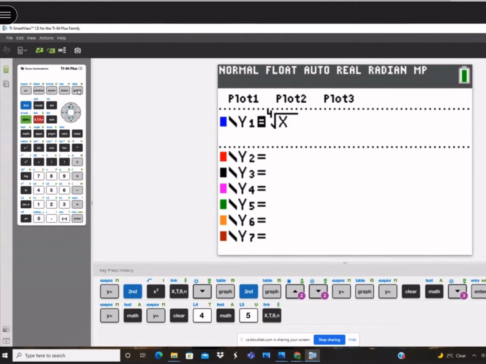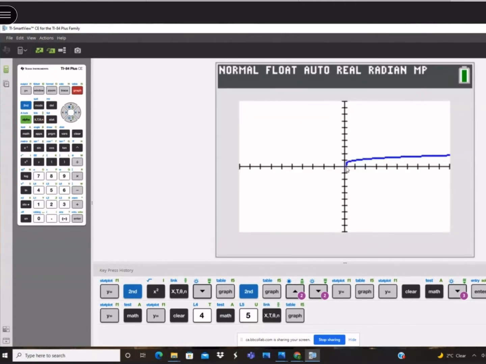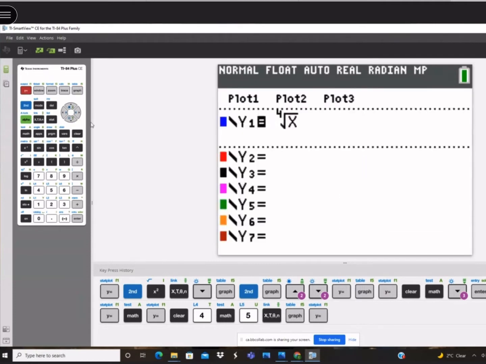When you hit graph for the fourth root of x, this one, once again, kind of looks like a square root function, but it's more extreme. So it's increasing at a different rate than x squared. If you're not sure, you can graph them both and compare.